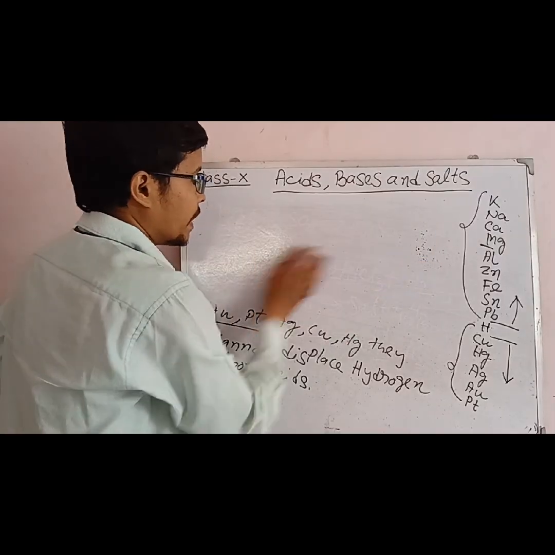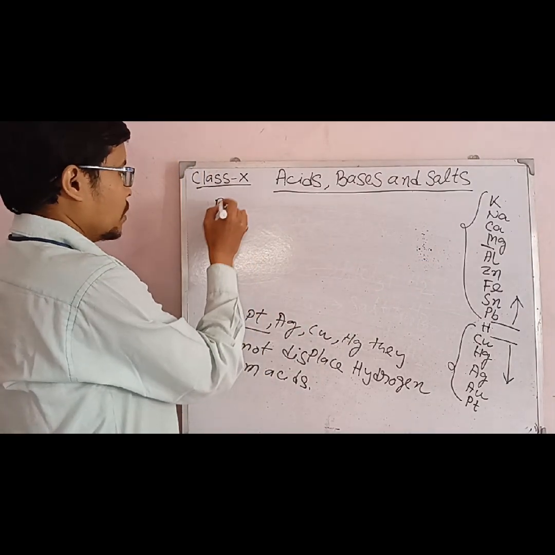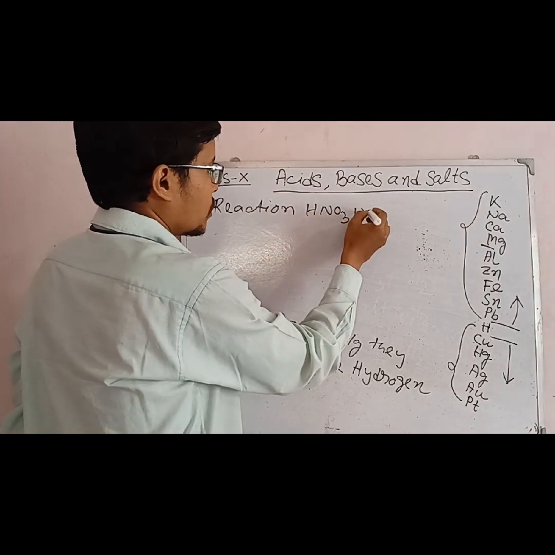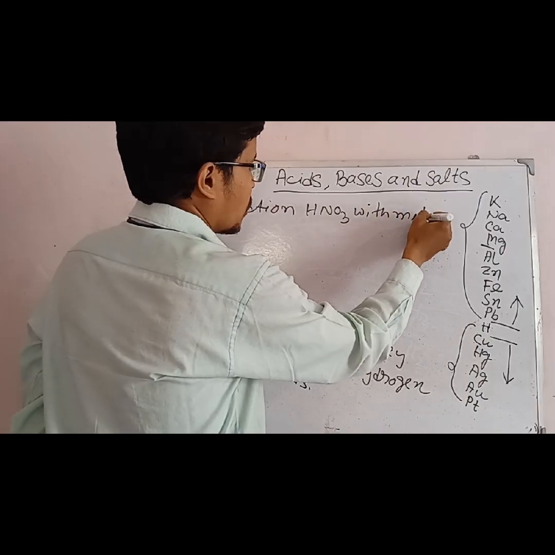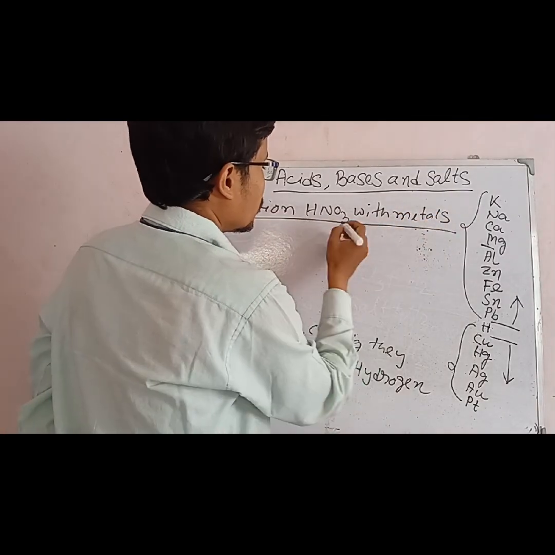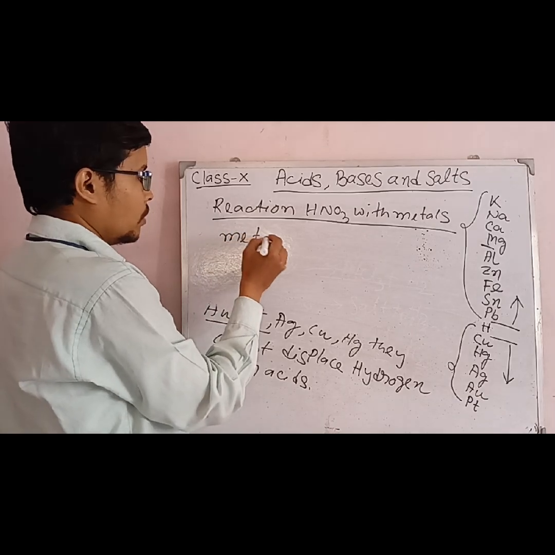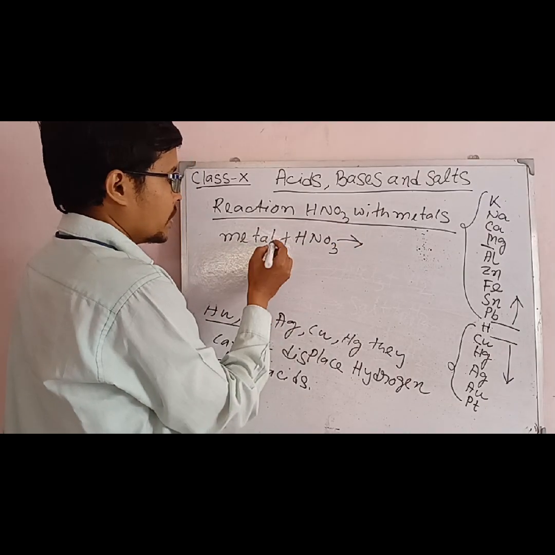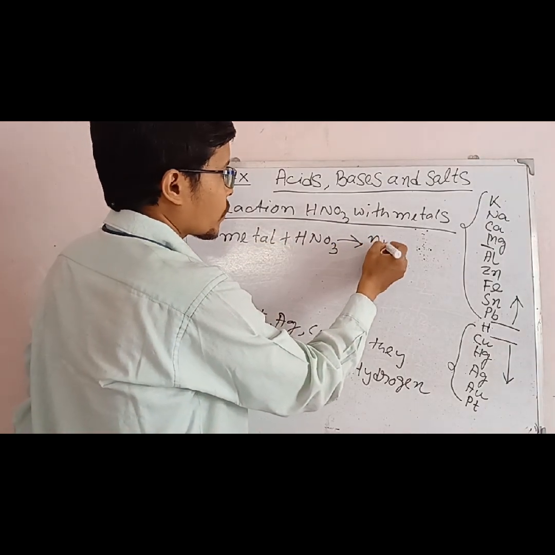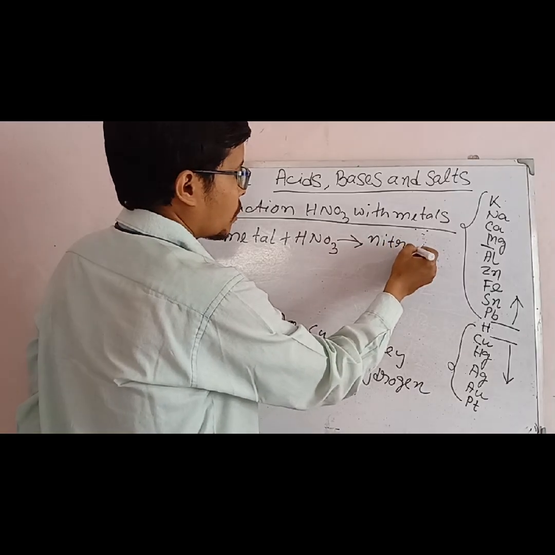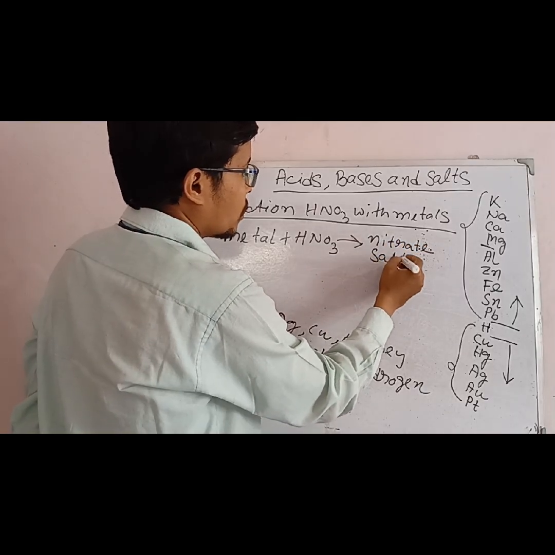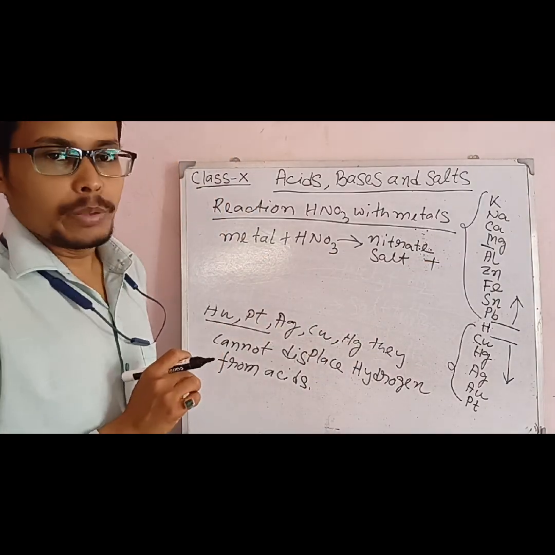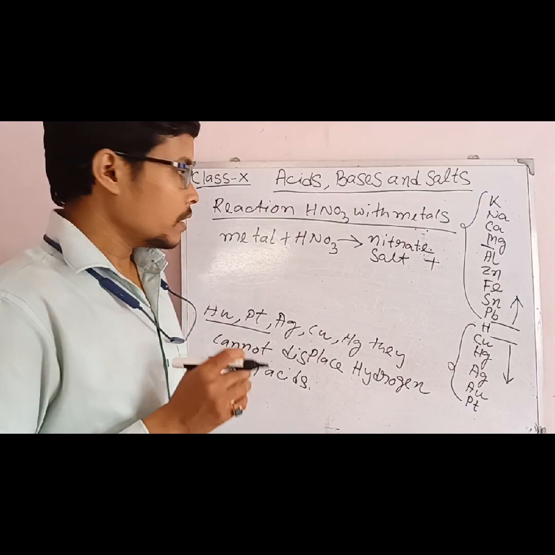In case of nitric acid, the reaction of HNO3 with metals, the general form is metal plus HNO3 gives a nitrate salt, plus a nitrogen oxide and water.